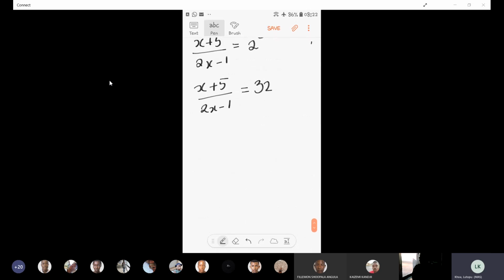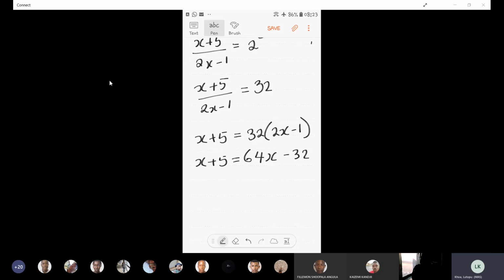Then you cross multiply. You have x plus 5 equal to 32 times 2x minus 1. This becomes 32 times 2x, that is 64x, and then 32 times minus 1, that is just minus 32.